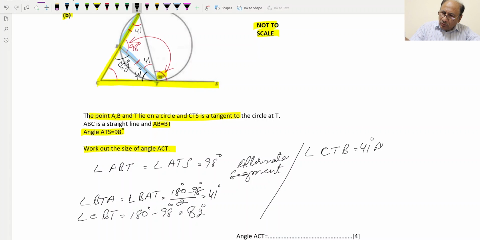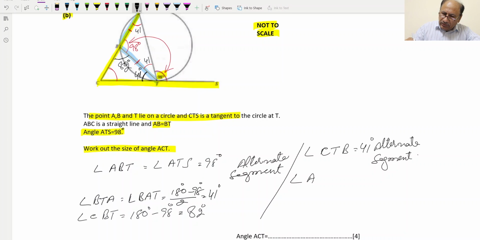This is also alternate segment theorem. So this one, now we have two angles, so now we can write the angle which is required, ACT.